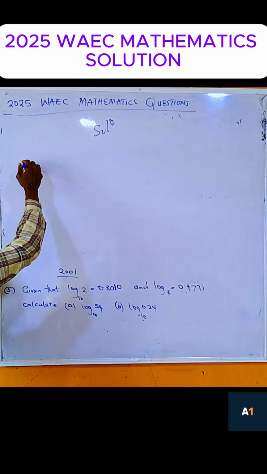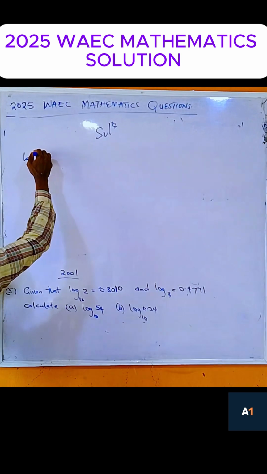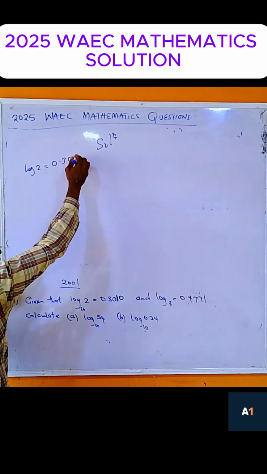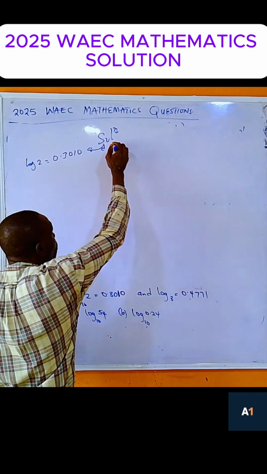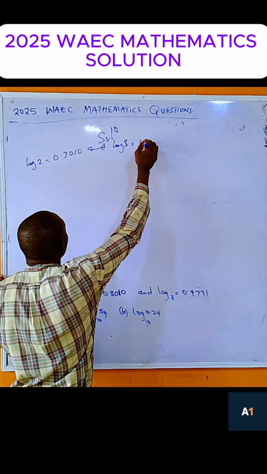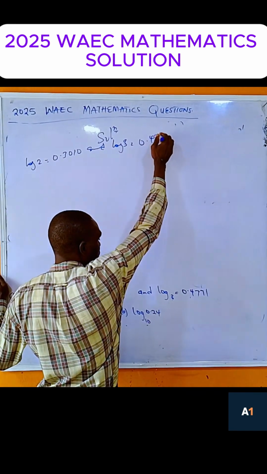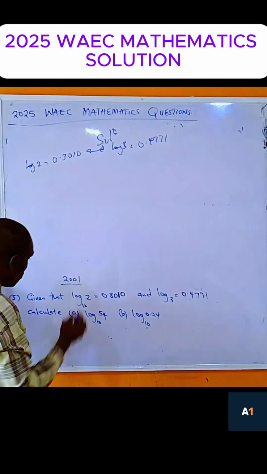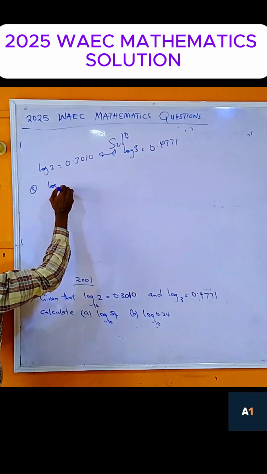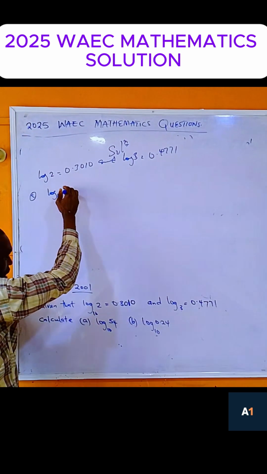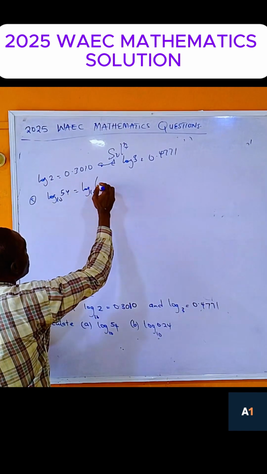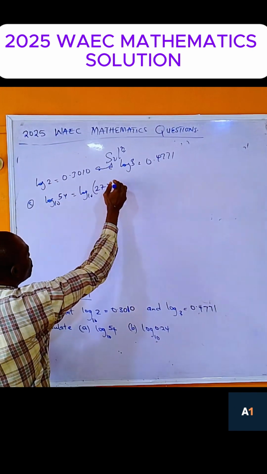So the question says that log 2 is equal to 0.3010 and log 3 is equal to 0.4771. Now we have to calculate this one. Log 54 can be given as log 10 open bracket 27 times 2.